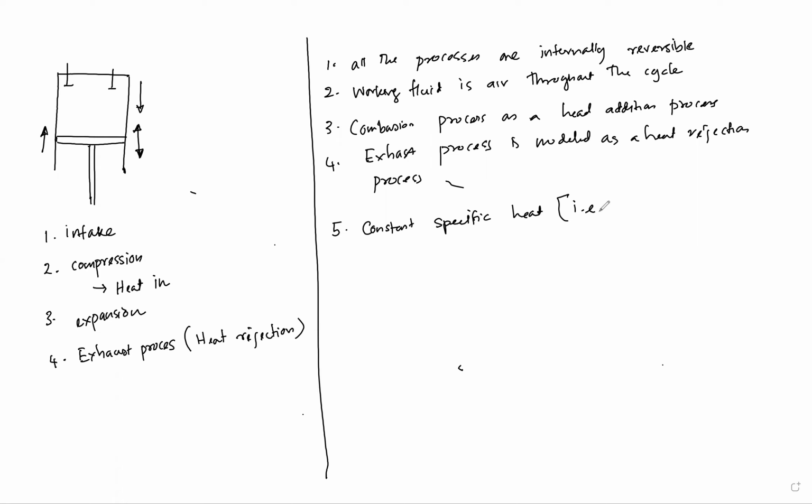that is, we assume that Cp and Cv are constants at their values at 300 K. So we consider Cp and Cv constant, equal to the value at 300 K, although the temperatures inside the engine change a lot.